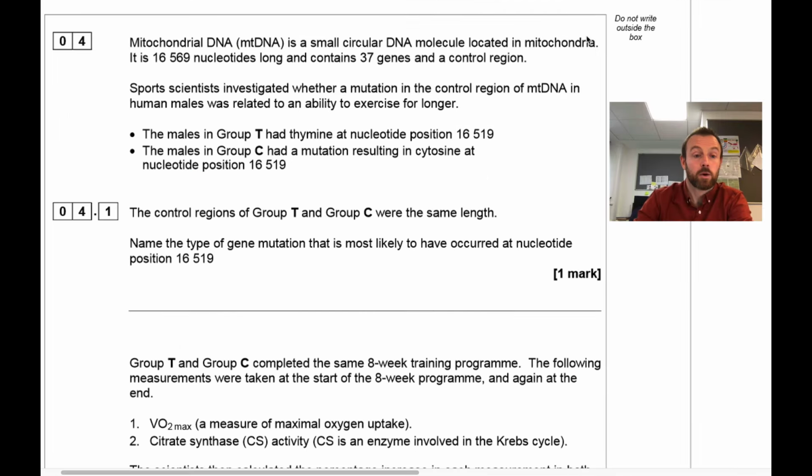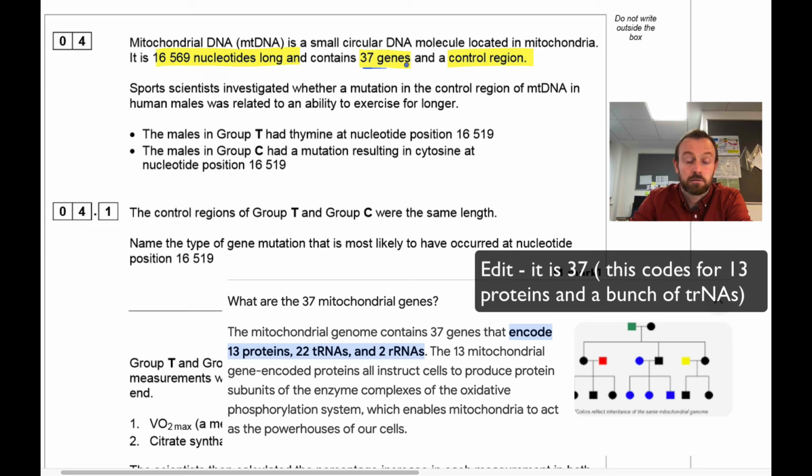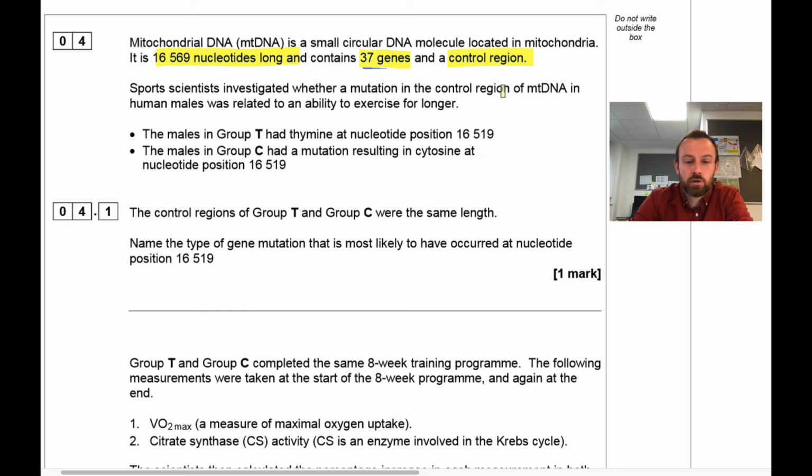Yeah. Okay, question 4. Mitochondrial DNA, mtDNA, is a small circular DNA molecule located in a mitochondria. It is that many nucleotides long and contains 37 genes and a control region. 37. I thought it was more. Sorry, less. Okay, 37 genes. Sports scientists investigated whether a mutation in the control region in human males was related to an ability to exercise for longer.